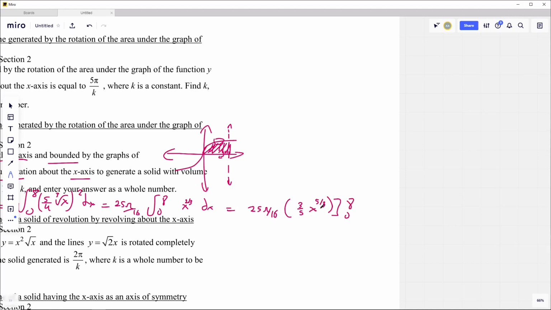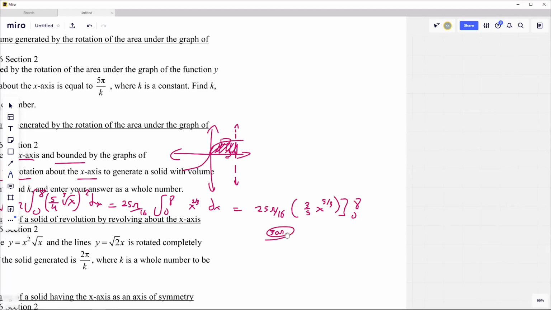So 0 to 8, 0 is going to give you 0, so immediately put 8. 8 under the cubic root, I'm getting my calculator right now, but you will end up with 3 over 5 times the cubic root, so you're going to get 2 to the power of 5, that's 32, so 96 over 5 times 25 over 16. You're going to get 30 pi. And that's the final answer.